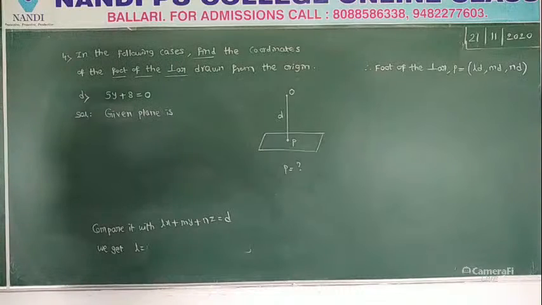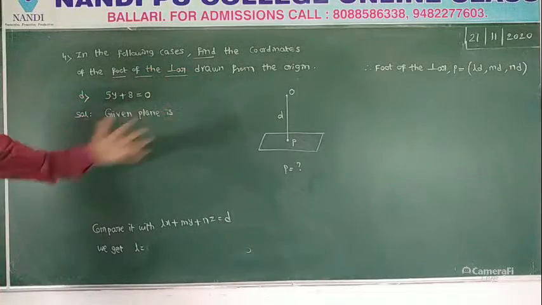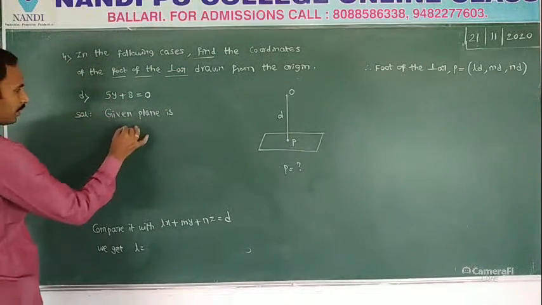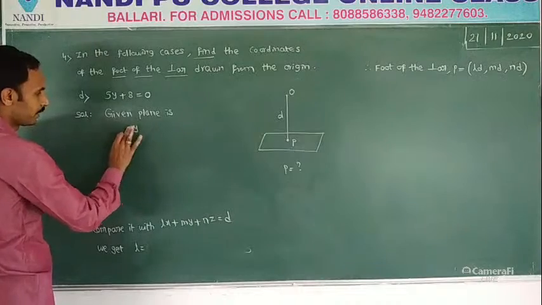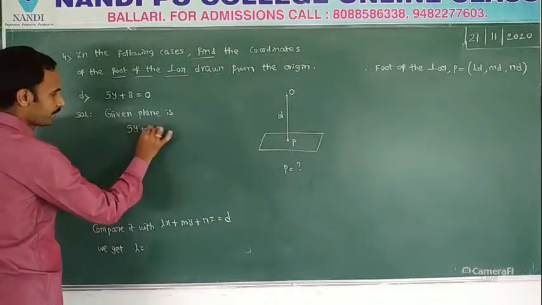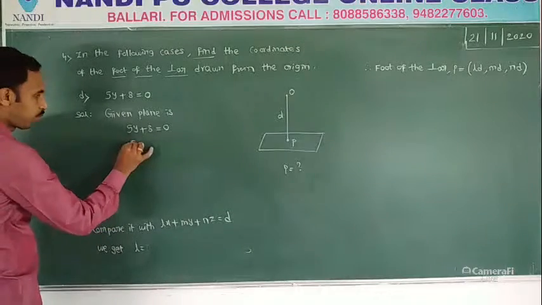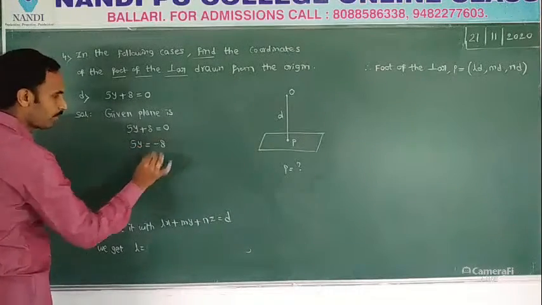We are going to find foot of the perpendicular coordinates drawn from the origin to the plane. Okay, write the given plane. Right, given plane is 5y plus 8 is equal to 0. Send constant to that side. 5y is equal to minus 8.